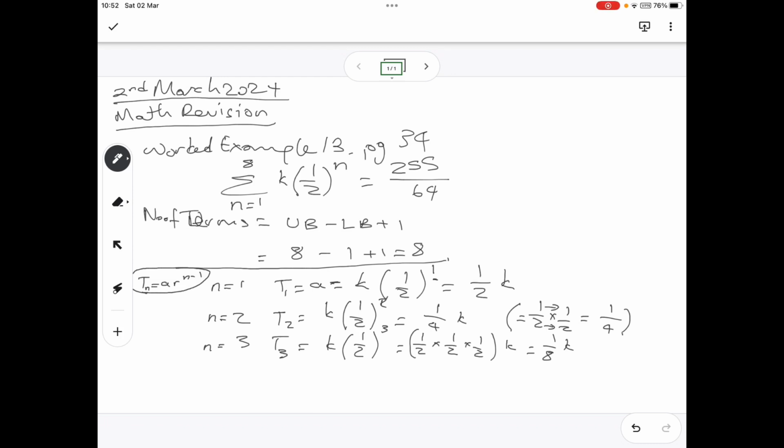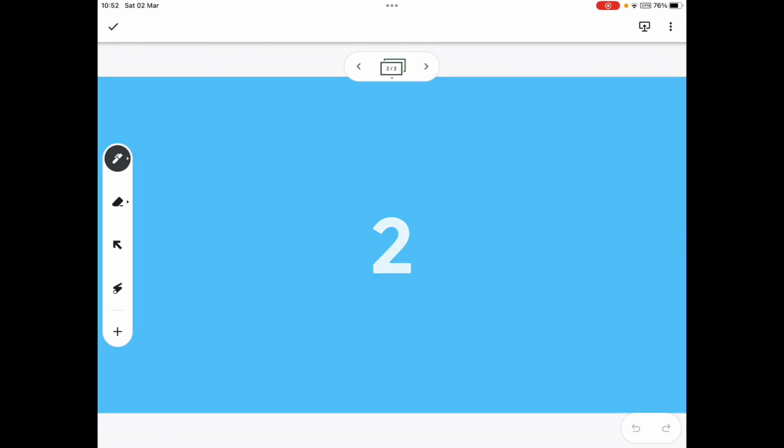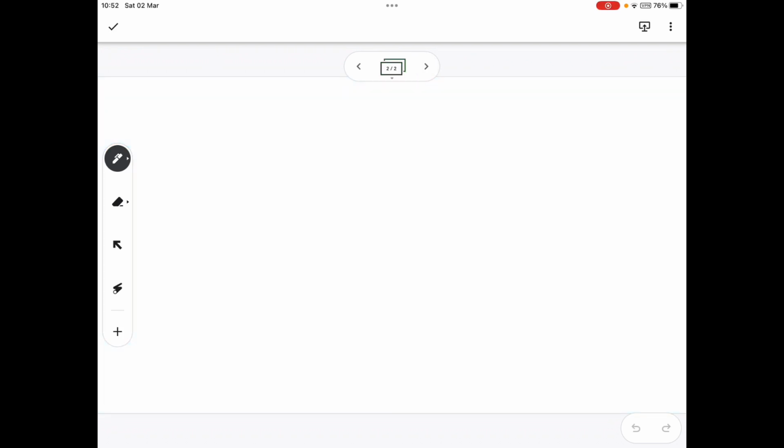Then if we have our series written out, the series becomes a half k plus a quarter k plus an 8th k plus all the way to the other side.